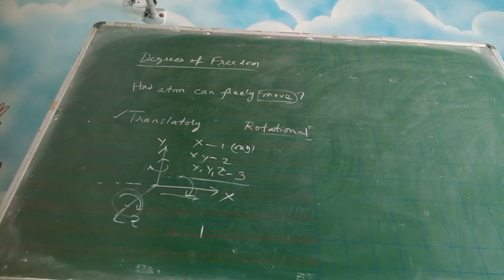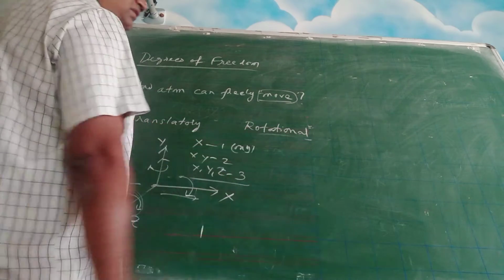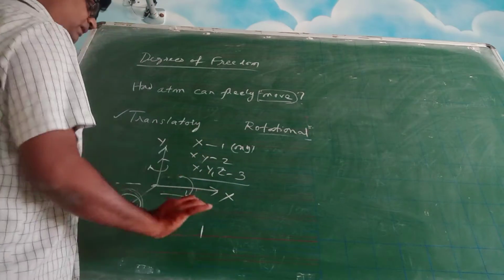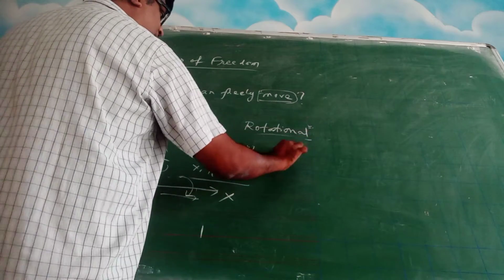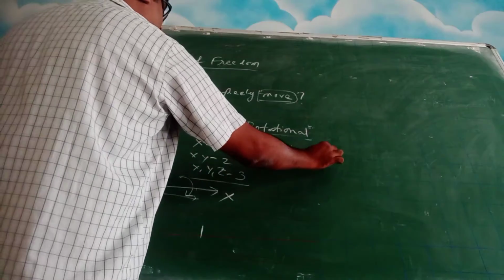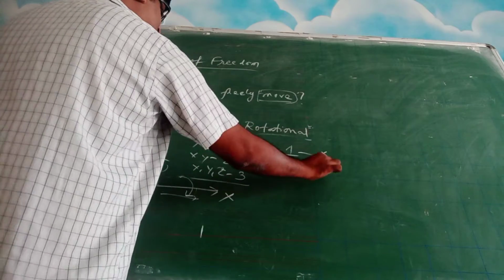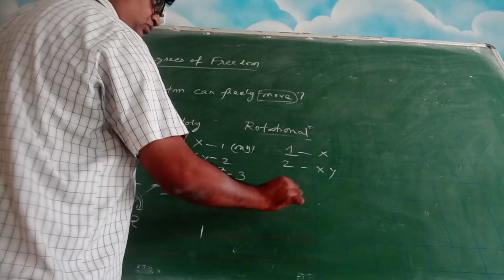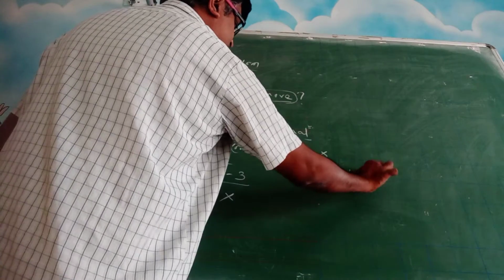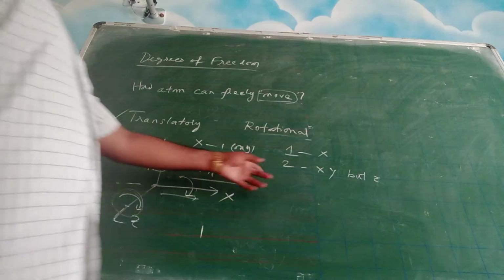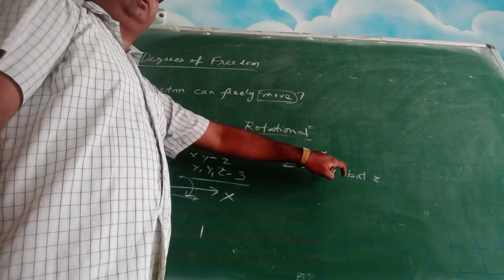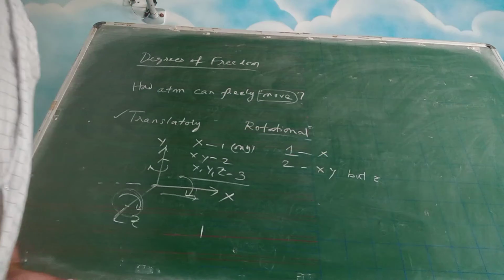Okay. So suppose some particular case is there where it can rotate only about x-axis but not about y and z. You will say degree of freedom is 1. Okay. Only about x. X and y you will say it is 2 but not z. Just to explain things I am telling you. It can rotate about x-axis, it can rotate about y-axis, but it cannot rotate about z-axis.